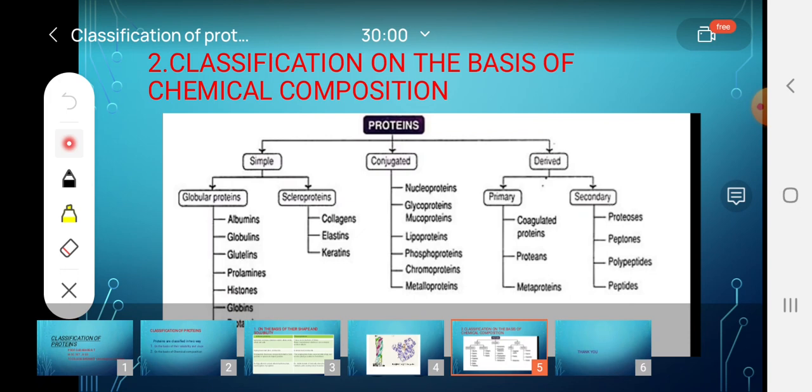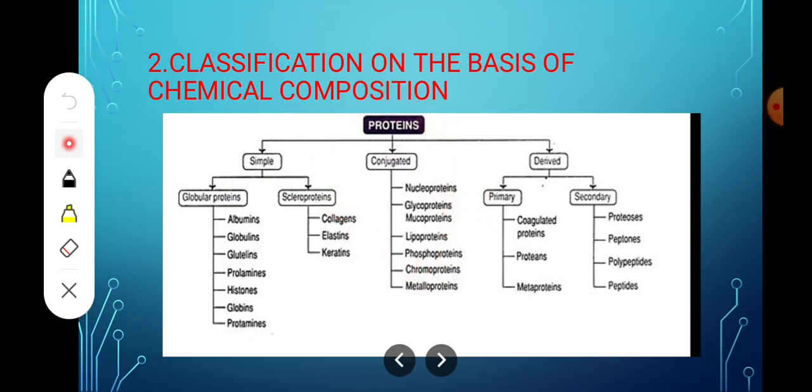Phosphoproteins contain phosphoric acid. Chromoproteins contain a metallic prosthetic group which gives color to the protein, so these are colored proteins. And metalloproteins contain metals. This is about the conjugated proteins or heteroproteins.